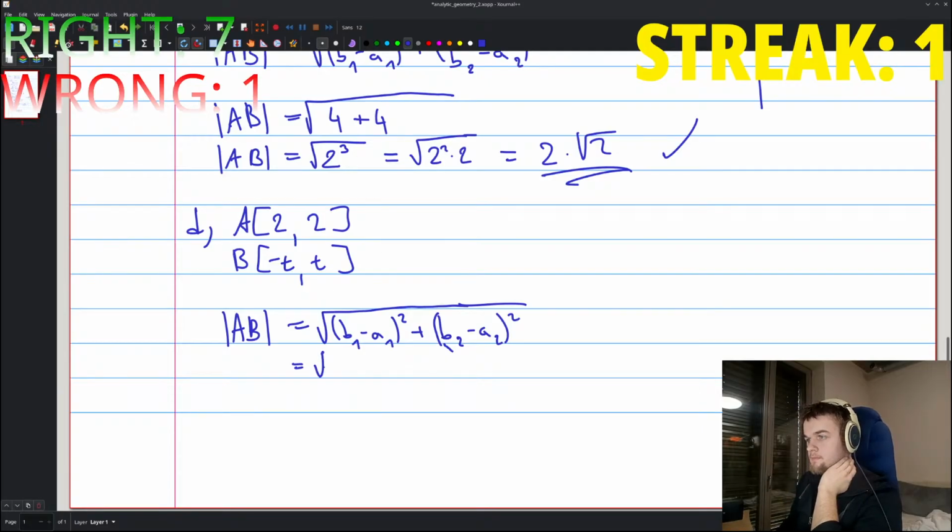So that's equal to minus t minus 2 squared, t minus 2 also squared. I will probably need a little more space. We add a page.